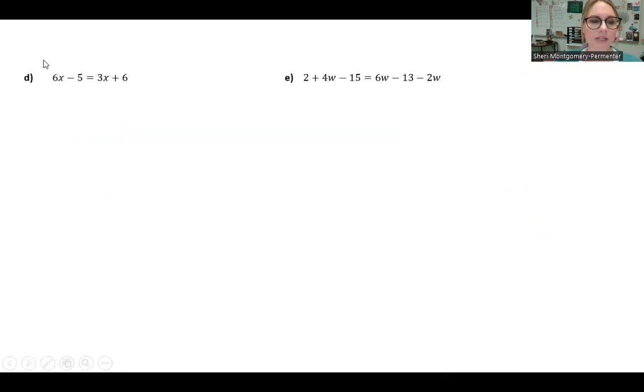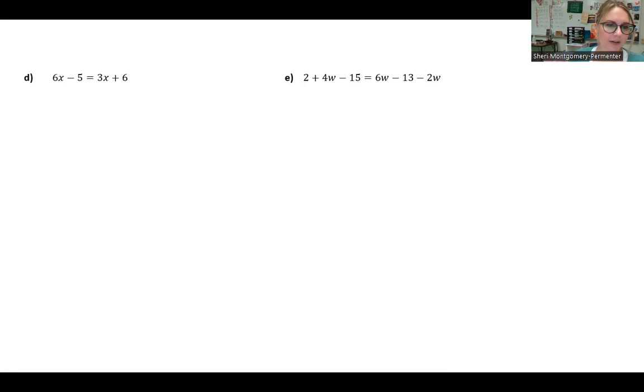All right, we're going to go down to D and E. So for D, D is different than the other ones that we've done so far. Why is it different? Yes, that's exactly why. We have variables on both sides, so we have to fix that first.